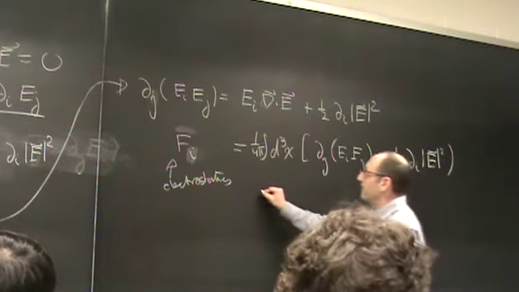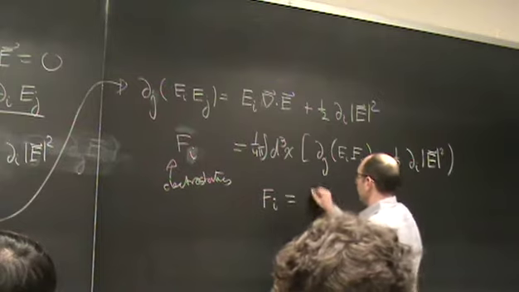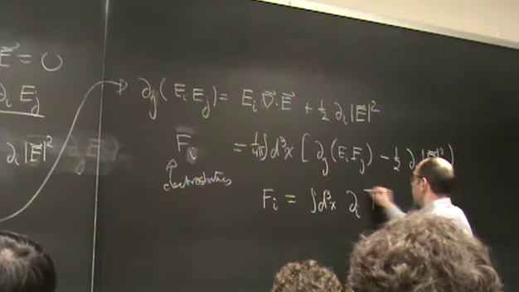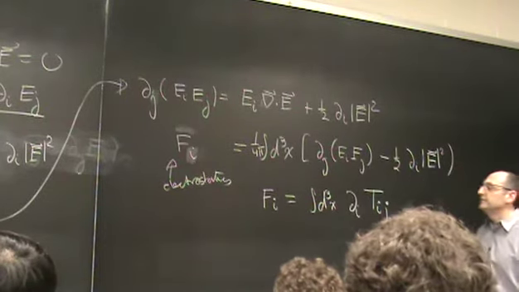So, what we have is the following. F i is equal to the integral over all space, partial I of a tensor that's called the Maxwell stress tensor.